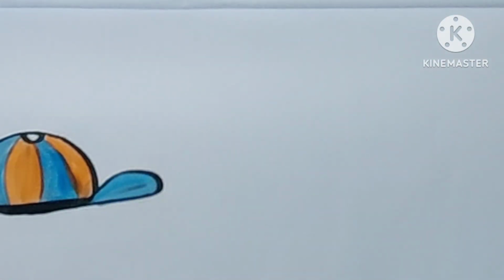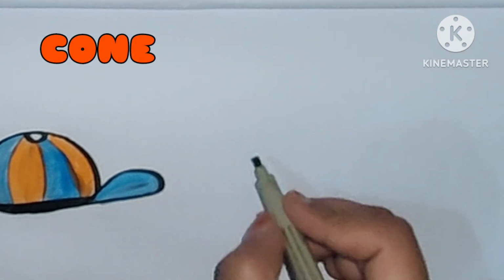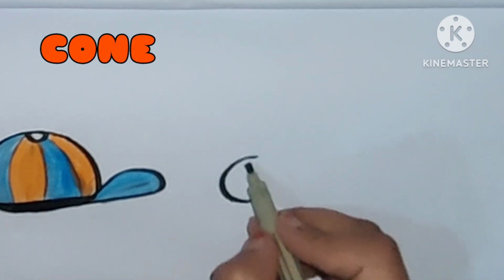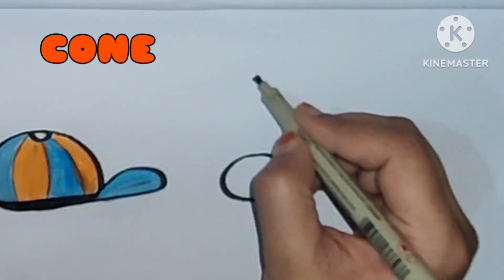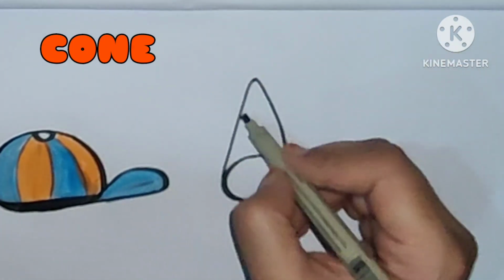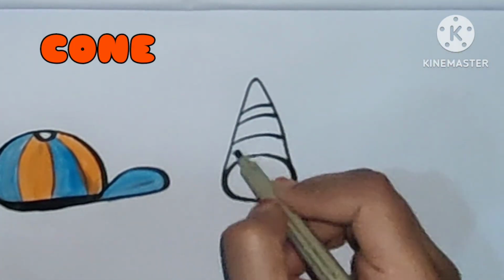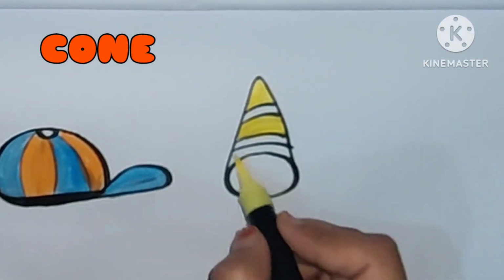Up next we'll draw is C for cone. Now as usual, we'll add color to it.